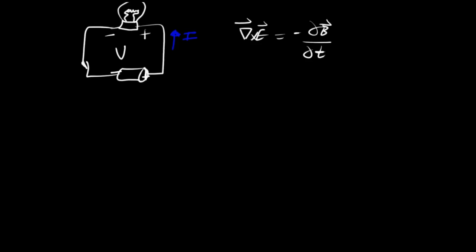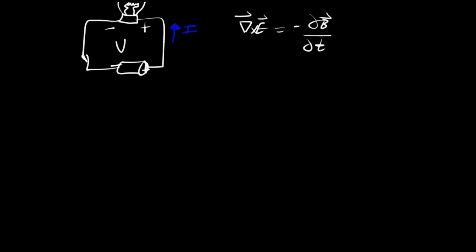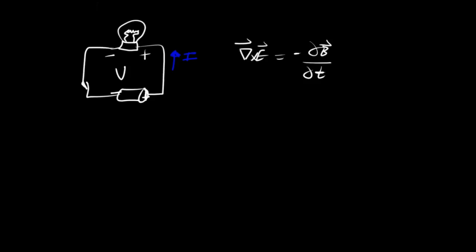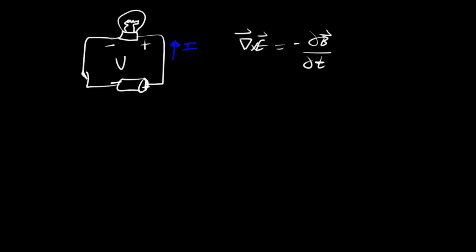These are true physical statements. But then it's a matter of, is it easy to use? Is it useful? Because you have to remember, if you're doing engineering, you're going to be on the clock getting paid, and your employers are not necessarily going to want you to be doing Maxwell's equations when you have a computer. So based on what the professor says, we're going to use the simpler way.